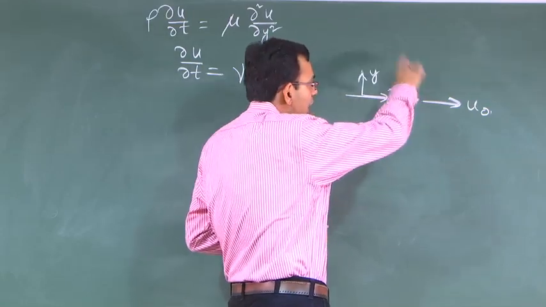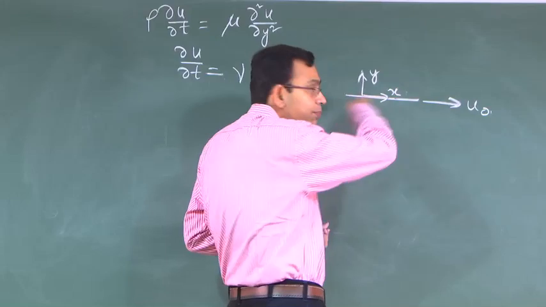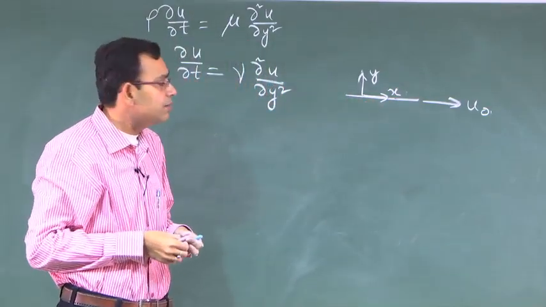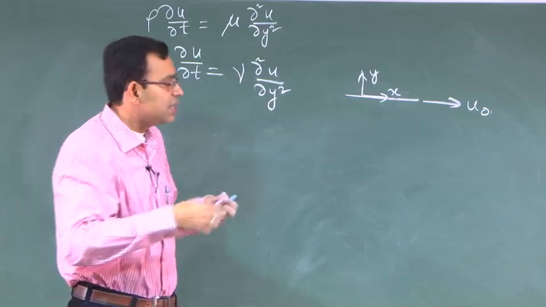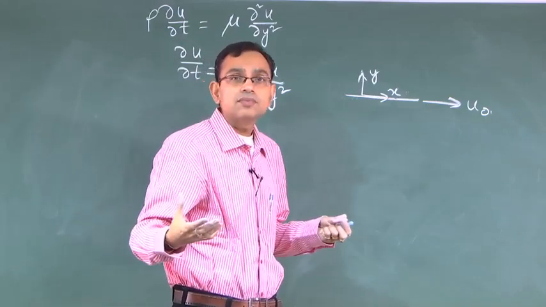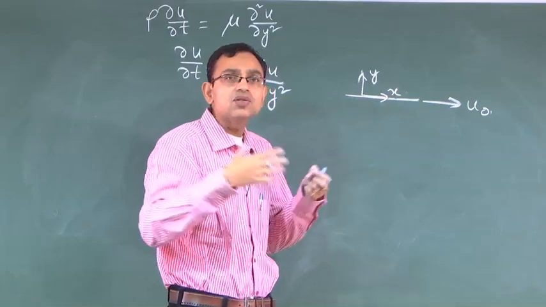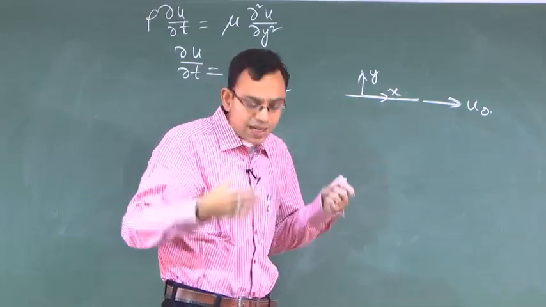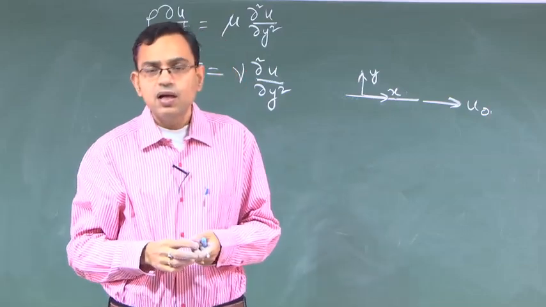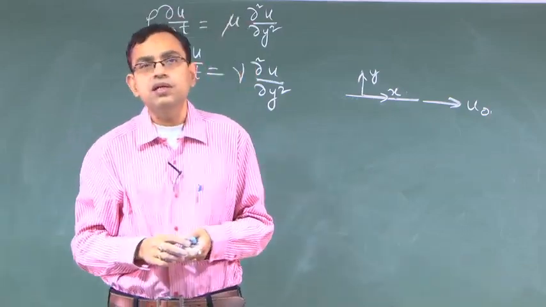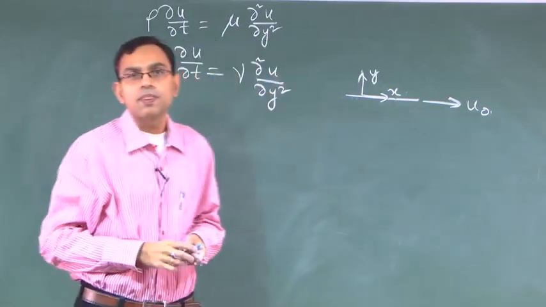If there is a frequency at which the plate is oscillated, we will see that problem as the Stokes second problem, then there is an imposed time scale. However, here there is no imposed length scale and no imposed time scale, and for such problems a technique called the similarity solution technique is applicable.